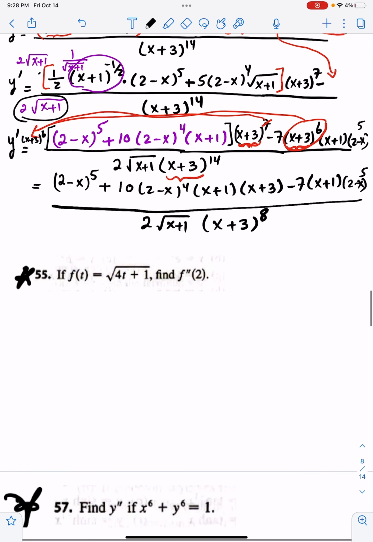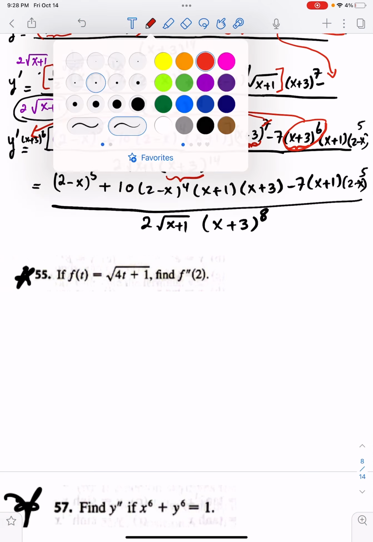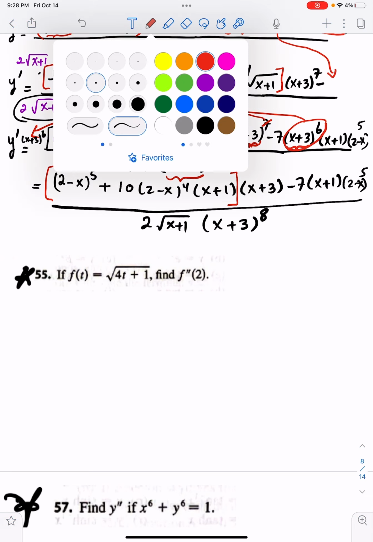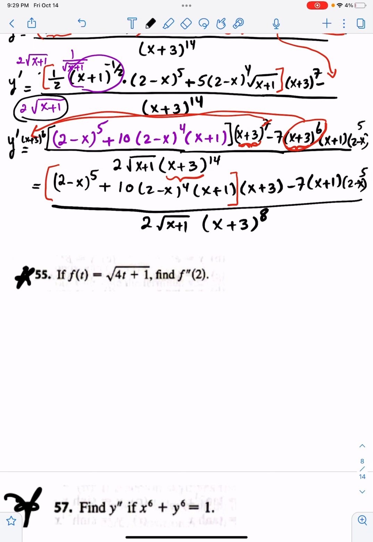Okay, next, and you can leave it there in the test. Remember that this one should be in brackets because that x plus 3 belongs to both. Okay, and again, you can simplify a lot more. I encourage you to do that to see it.